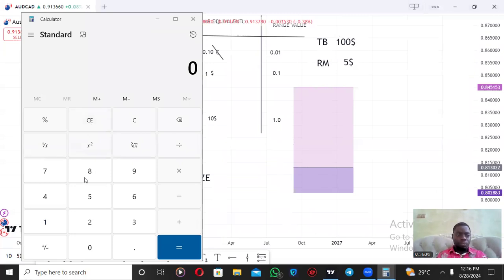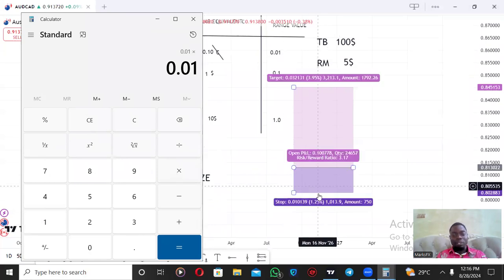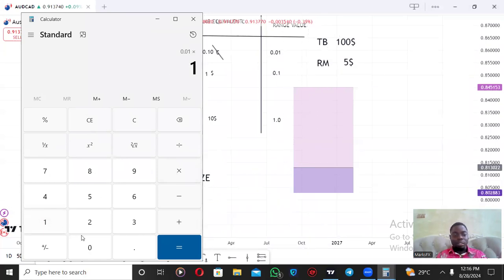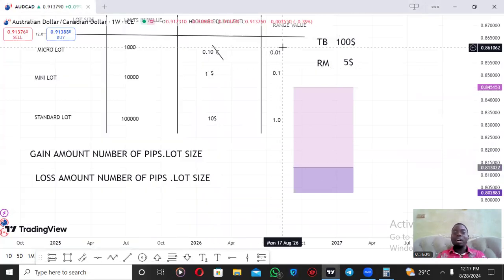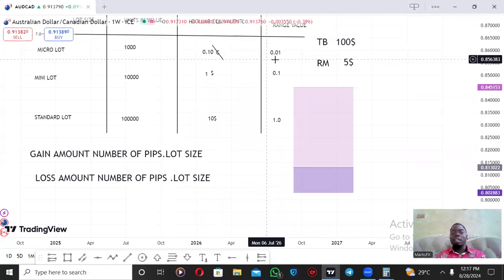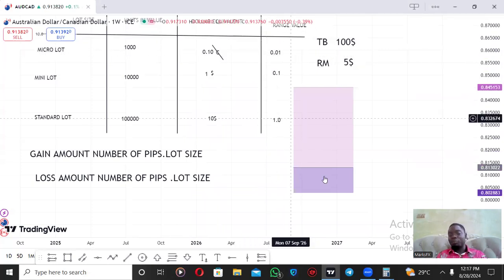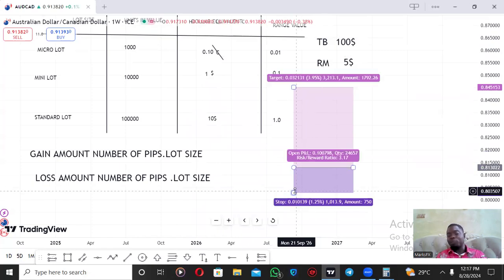Okay, now if I use 0.01, if I multiply it by 10, because my stop loss size is 10. Now take note again. We don't multiply the lot size itself by the pips for the stop loss.